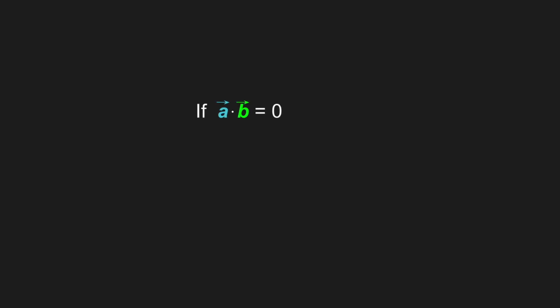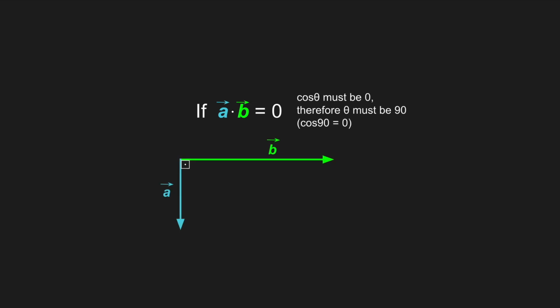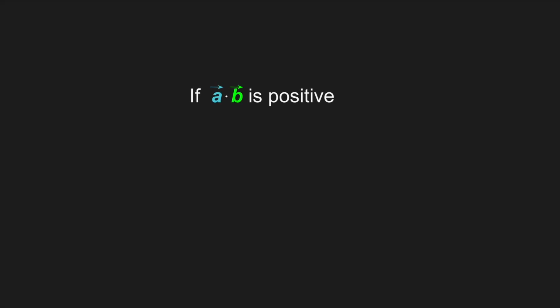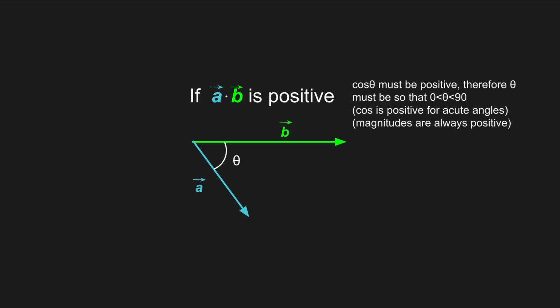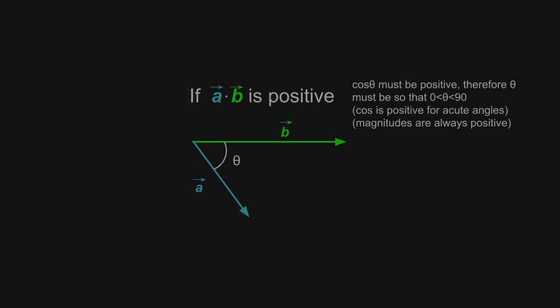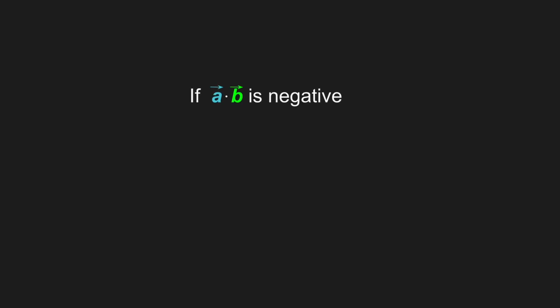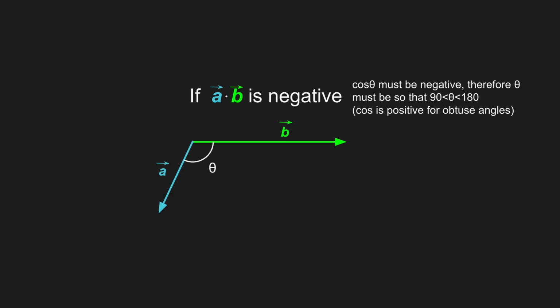If the result is 0, then the cosine of the angle between the vectors must be 0, which means the vectors must be perpendicular. Additionally, the result will be positive if the angle is acute, and negative if the angle is obtuse, due to the sign changes of the cosine function.